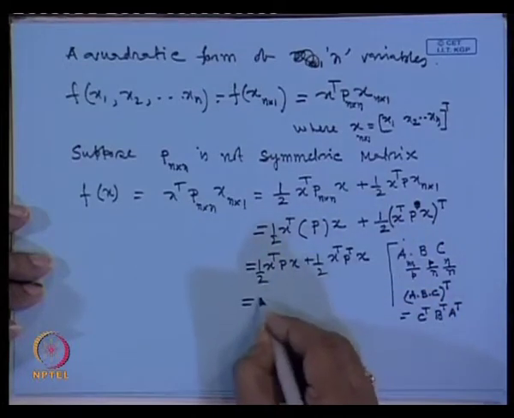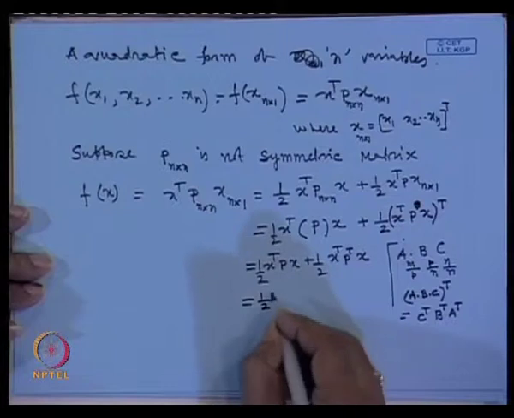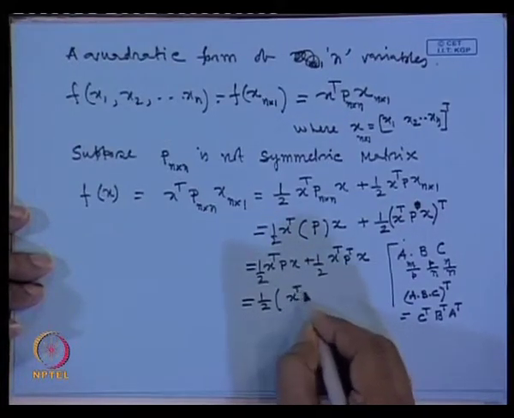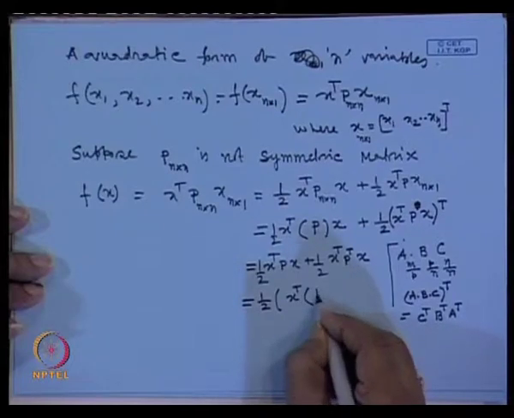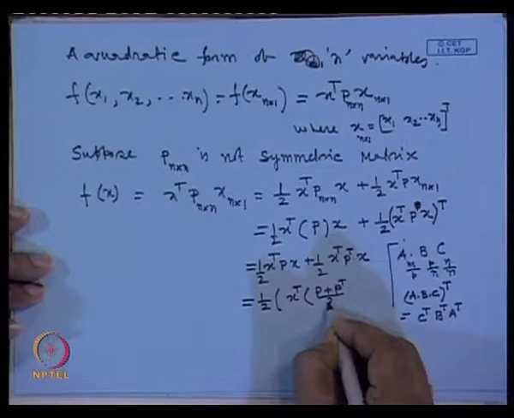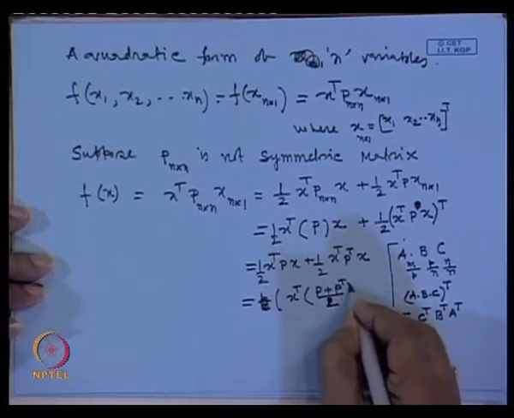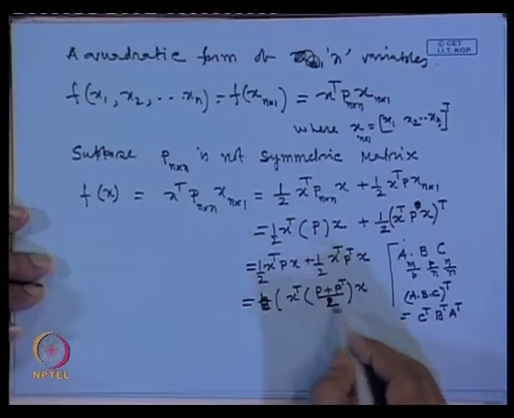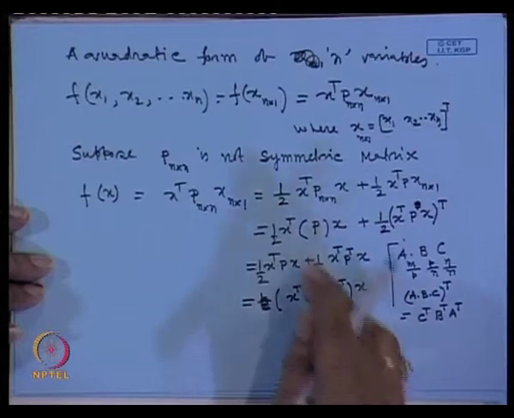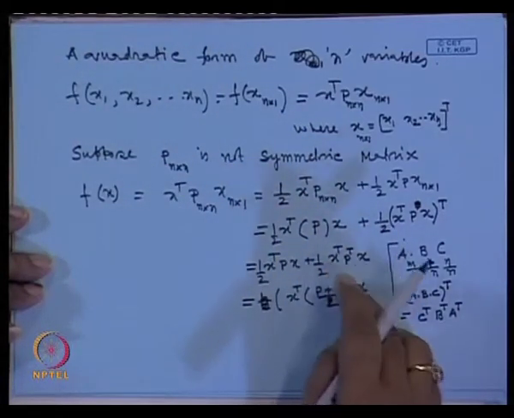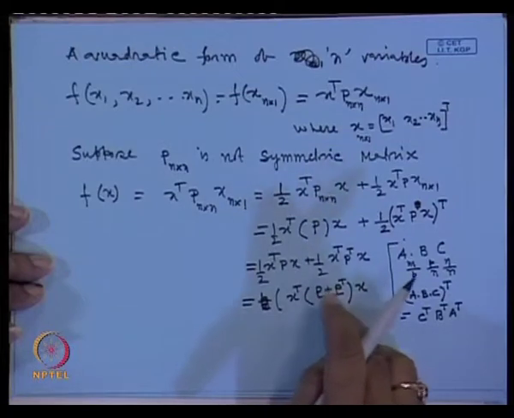If you simplify this, taking half common, you can write x transpose, then P plus P transpose divided by 2, then x. So, P is our non-symmetric matrix; take the transpose of it and divide by 2.